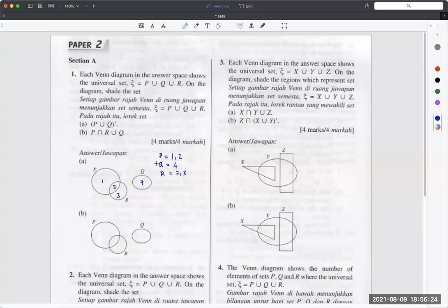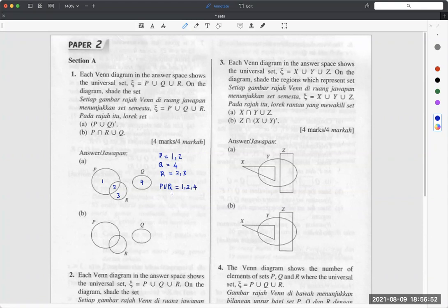So let's determine the areas by looking at these labels 1, 2, 1, 2, 3, and 4. For A, P union Q. P union Q means you combine areas. So P union Q will consist of these labels 1, 2, and 4.